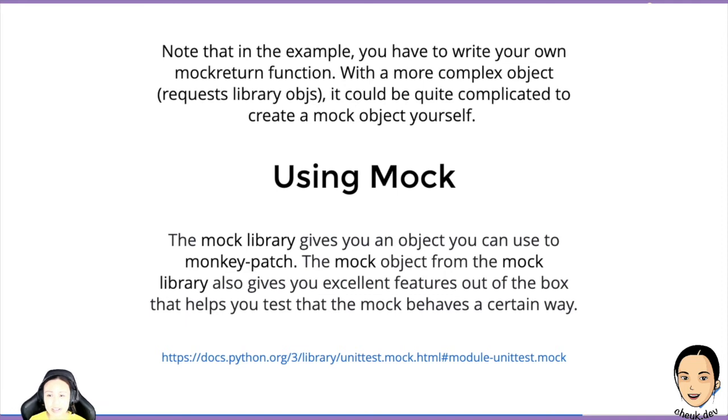Oh, by the way, requests has a request mock of its own that also helps you save a lot of time if you are using requests a lot and testing requests a lot. But again, I won't have time to cover everything, so I hope that I could give a talk just for mocking at another conference another time, and I will let you know on Twitter if I do.